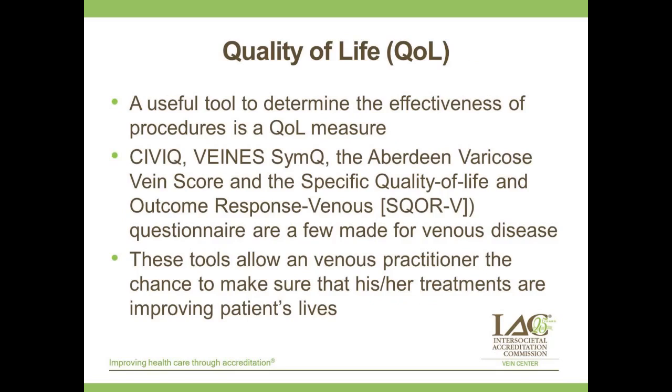Quality of life determinants are suggested by the IAC to be used within a vein center. These are useful tools to determine the effectiveness of procedures, and there are many which are available.